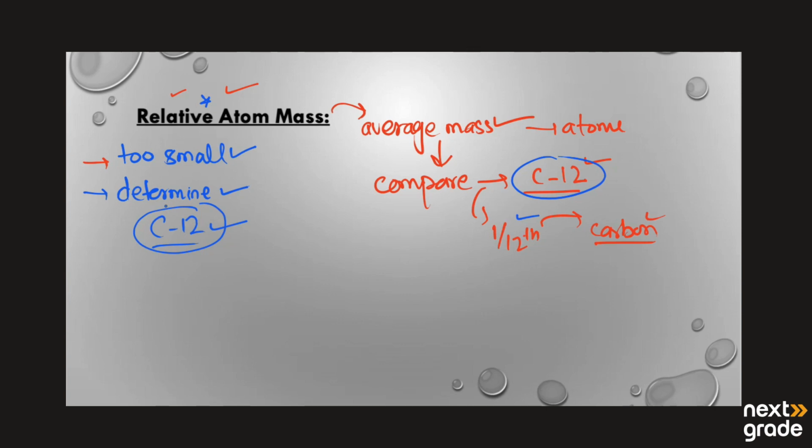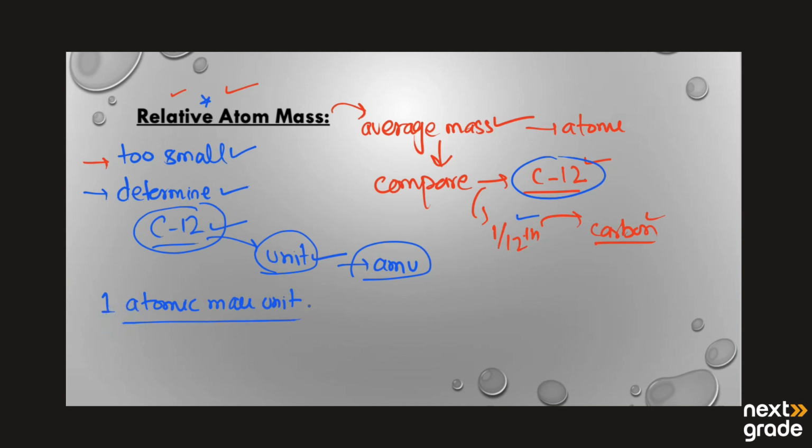When we compare the atomic masses of other elements with carbon 12, we need some unit to express them, and that unit is the atomic mass unit. For example, we have one atomic mass unit, and that unit mass is of one atom of carbon 12.